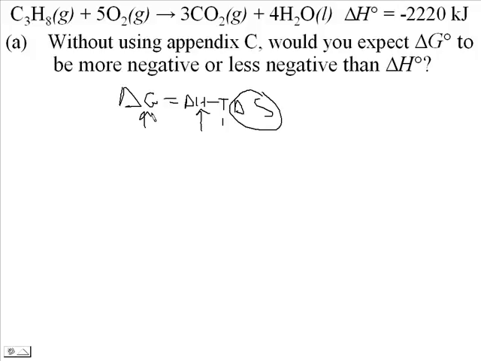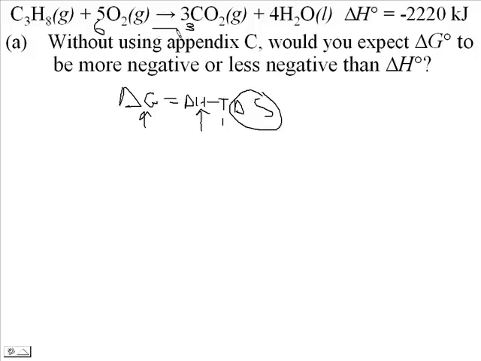In our equation, we go from 6 gas molecules on the left-hand side, 1 propane and 5 oxygens, to 3 gas molecules on the right-hand side. So we're going from 6 gas molecules to 3 gas molecules. Is that becoming more ordered or less ordered?